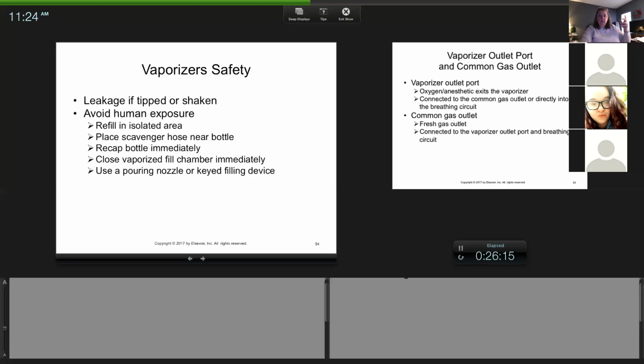They verify that they're delivering the right percent. They check all the gaskets and all the parts and just make sure your machines are working. So most clinics have a service contract so someone can come out. Sometimes you have to take off the vaporizer and ship it. Sometimes places will come and fix it in the clinic. So it just depends on your clinic's arrangement.